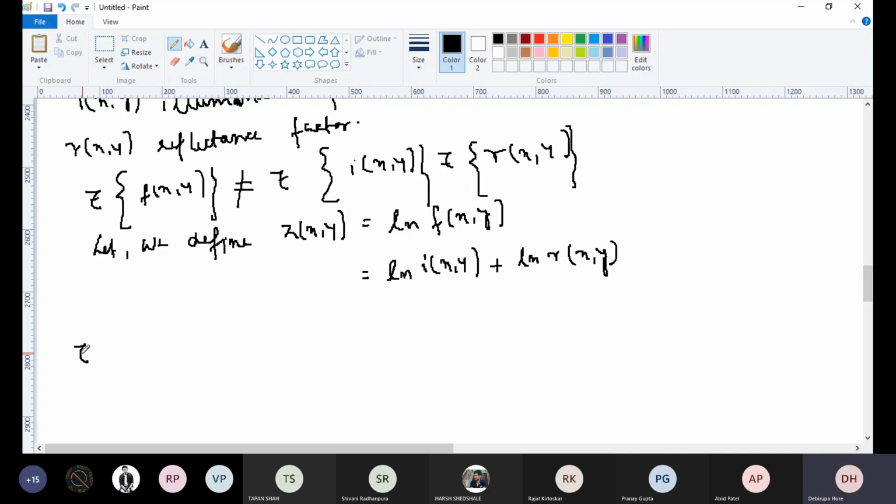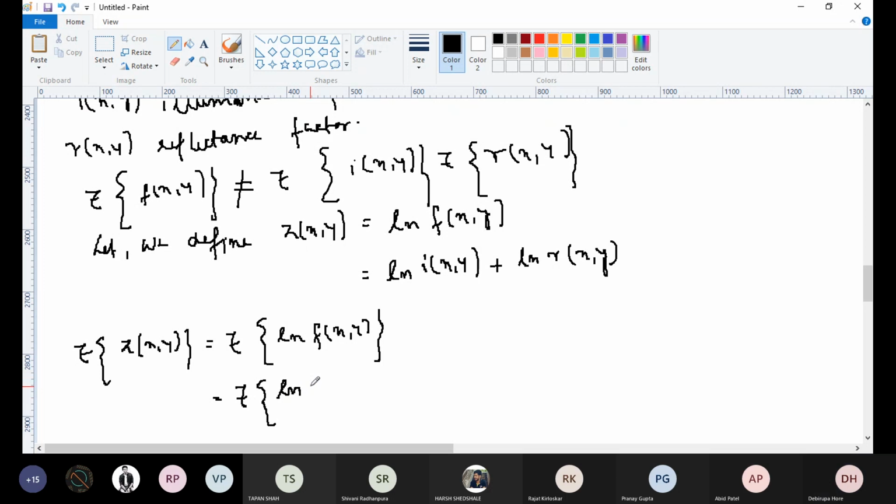If we take a Fourier transform of z of x comma y, that will be equal to Fourier transform of natural logarithm of f of x comma y, that is equal to Fourier transform of ln I of x comma y plus Fourier transform of ln r of x comma y.